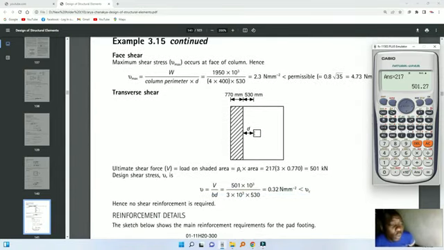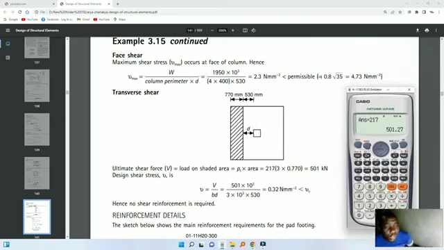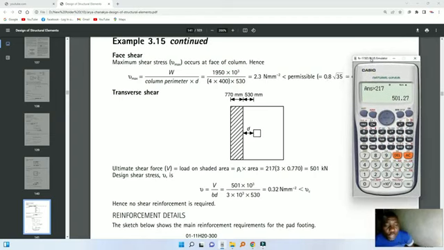Now you need to calculate if the column itself does not exceed the maximum shear that concrete can take. Now for that one, you use this number here, 0.8 square root FCU, that is the maximum shear that a concrete can carry.